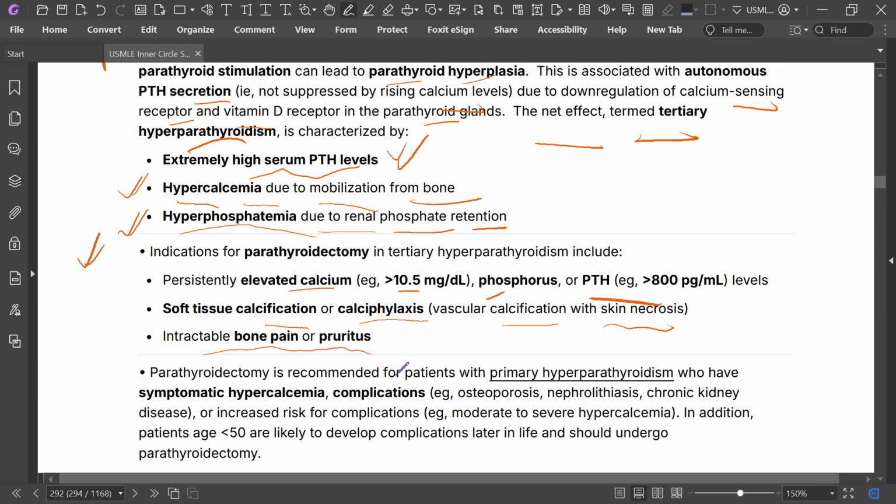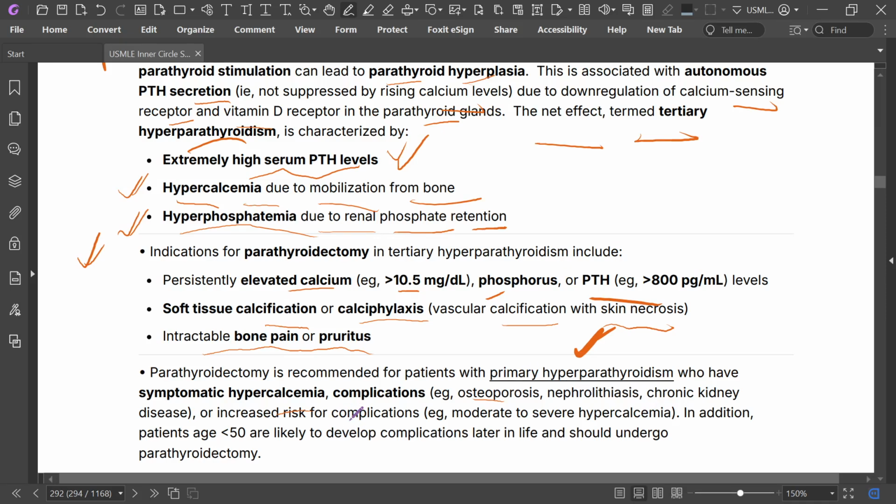Parathyroidectomy is recommended for patients with primary hyperparathyroidism who have symptomatic hypercalcemia, complications like osteoporosis, nephrolithiasis, CKD, or increased risk of complications like moderate or severe hypercalcemia.